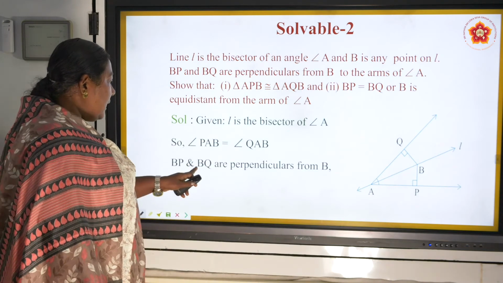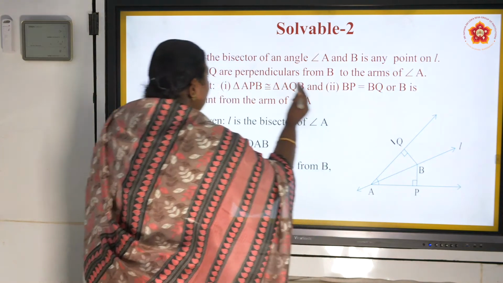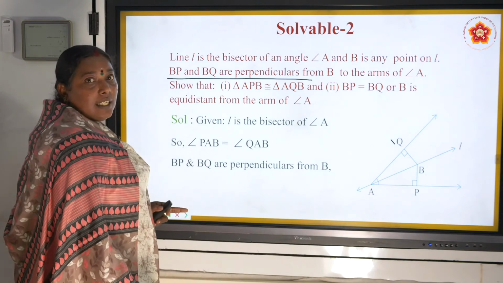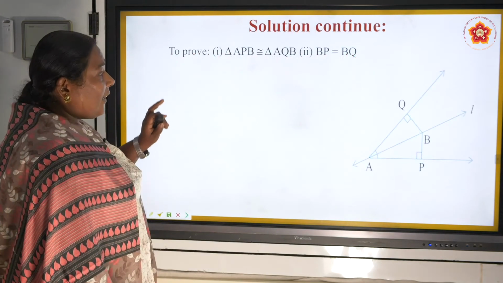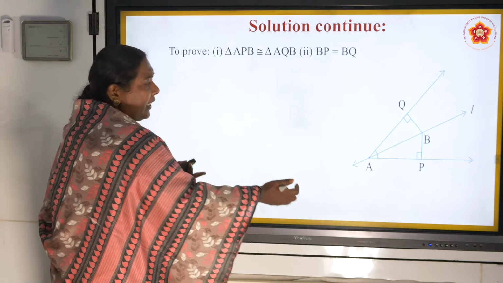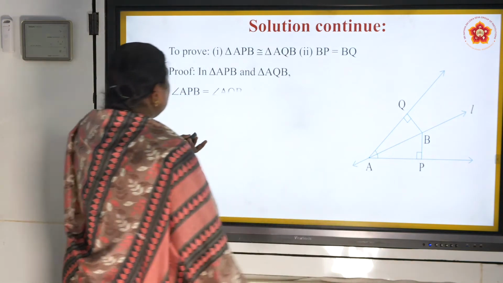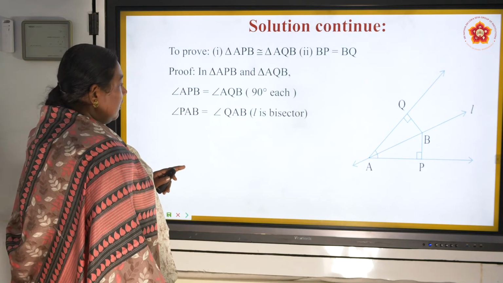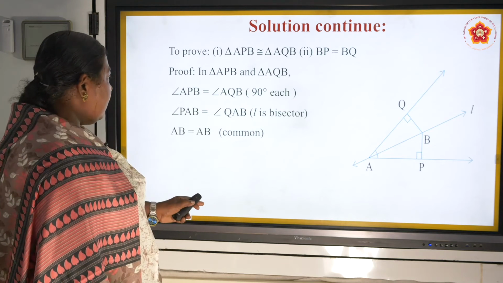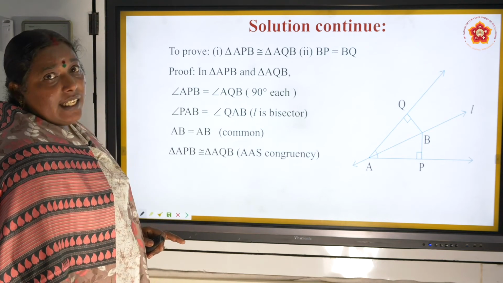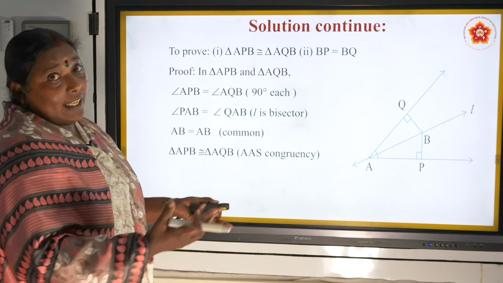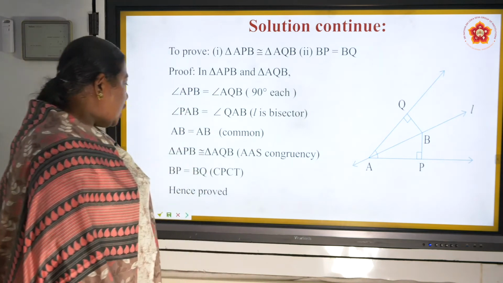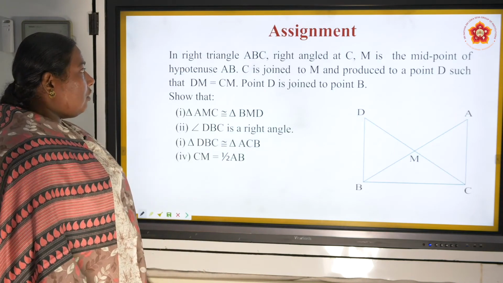Next, BP and BQ are perpendicular to the line, which shows 90 degrees. To prove, what do I have to do? With the figure I can tell angle P is 90 degrees, angle Q is 90 degrees, angle A is equal, and AB is a common side. I can easily tell that both triangles are congruent. With the help of CPCT, easily I can tell BP is equal to BQ. Okay, so that's how we proved.